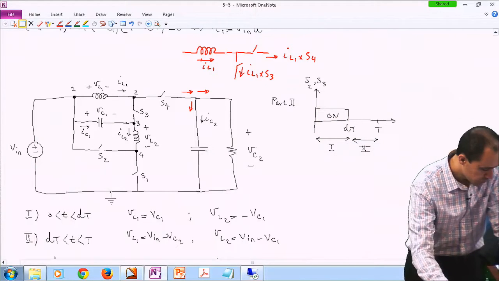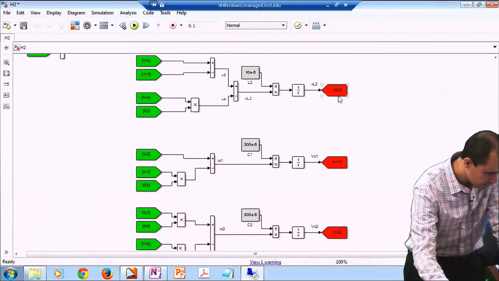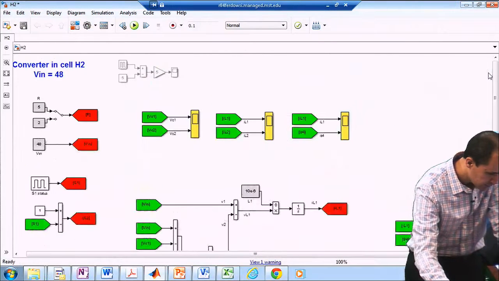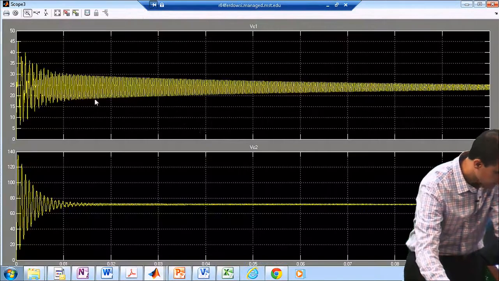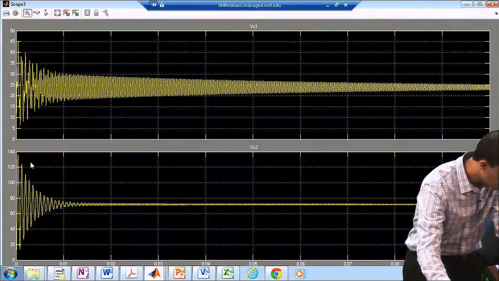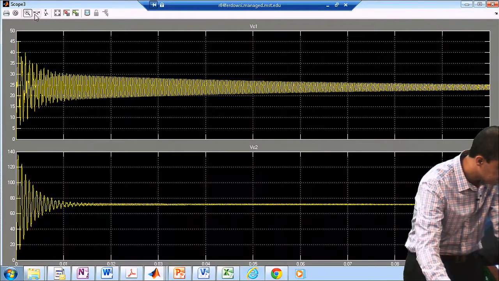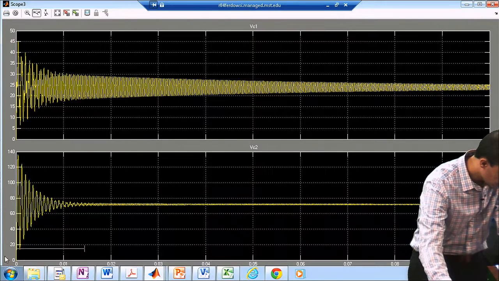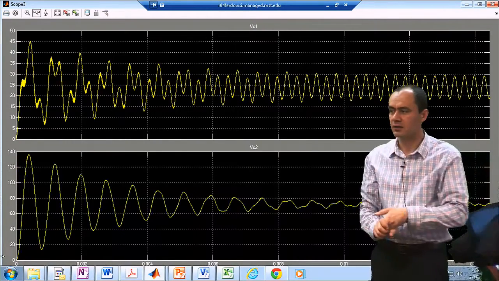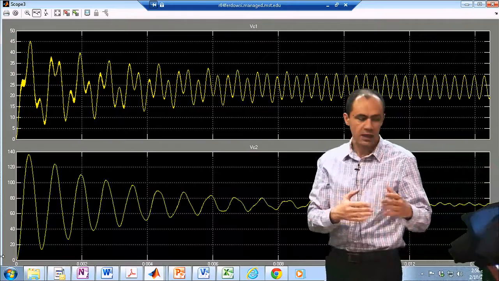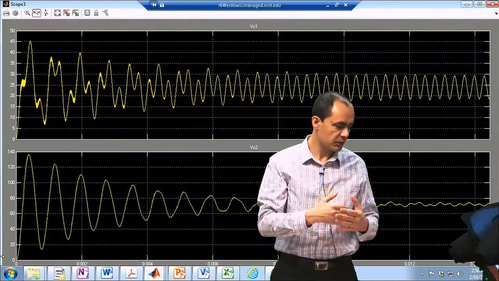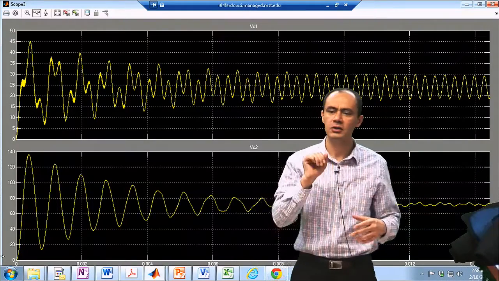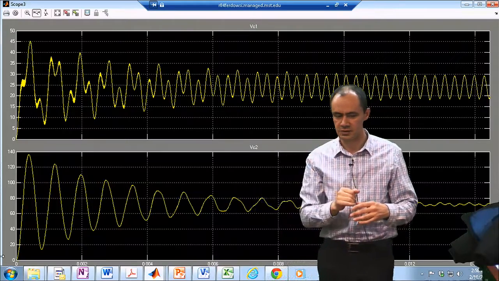The overshoot, you mean the transient overshoot in the output voltage? Yes. Remember, all power electronic converters have a transient kind of behavior. Now, here I'm assuming that at the very beginning of the simulation, I'm applying duty cycles of 50% to the system.